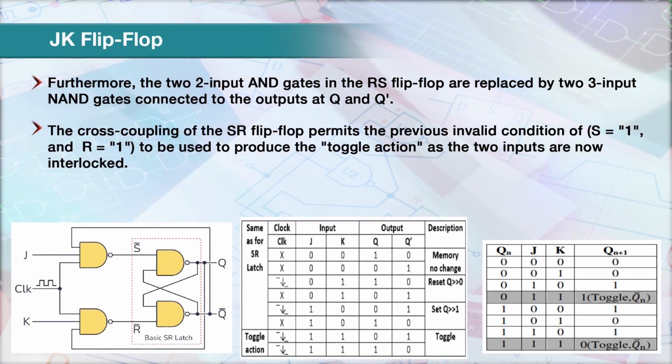The cross coupling of the RS flip flop permits the previously invalid condition of S equal to 1 and R equal to 1 to be used to produce the toggle action, as the two inputs are now interlocked.